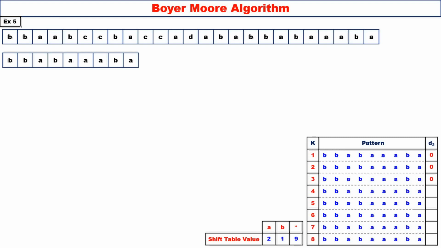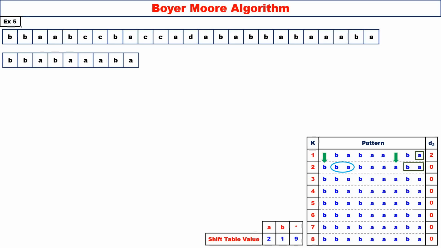For D2 initialize to 0, step 1 A, is it found? Yes. Preceding characters different. Therefore 1, 2, 2, yes. BA, is it found? Yes. Preceding characters are same. They should be different, but they are same. We can't do anything. Again, A, yes, it is found.